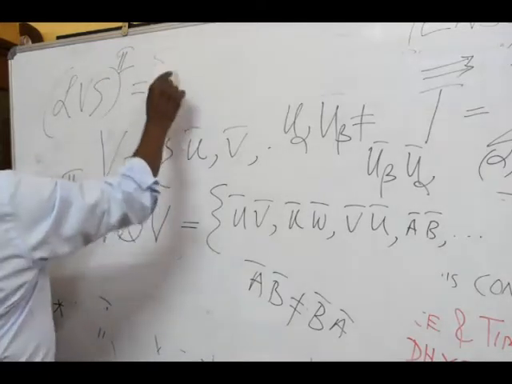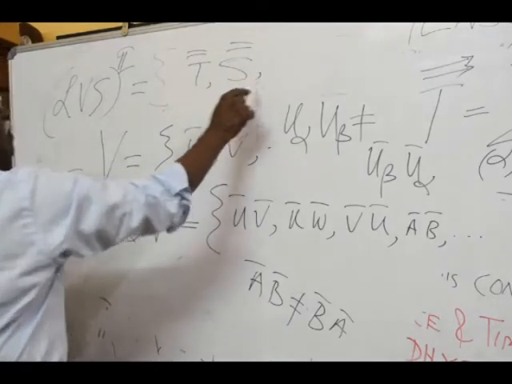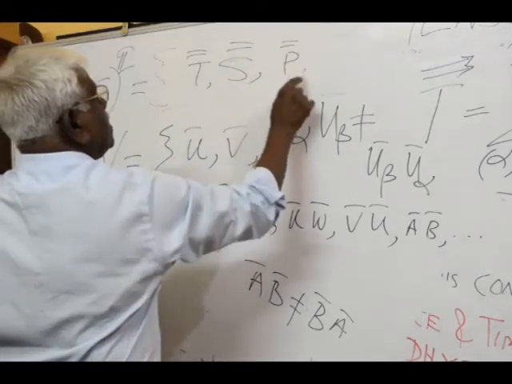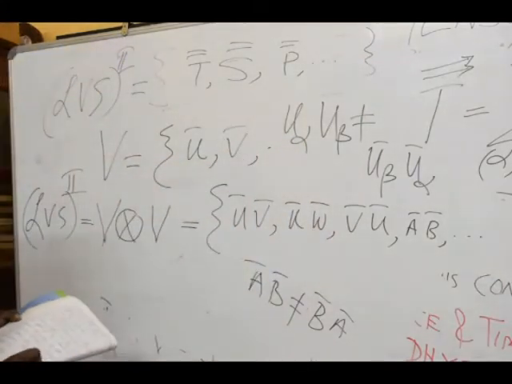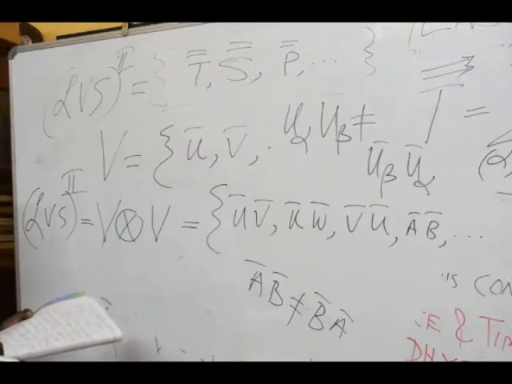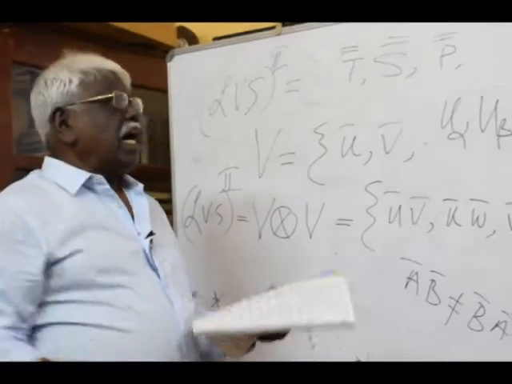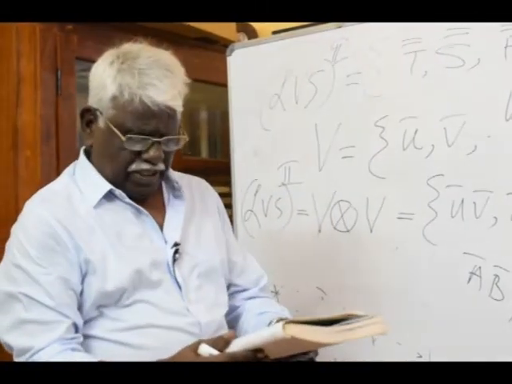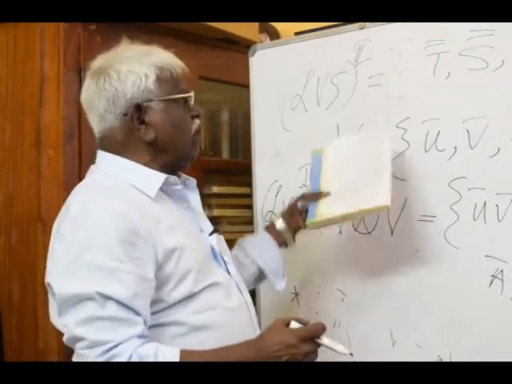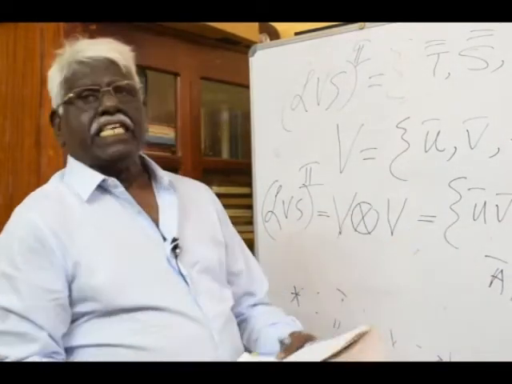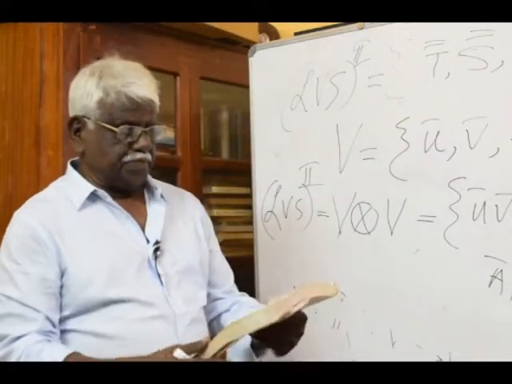Say T, S, P, the collection of all such quantities constitutes a second rank tensorial space. Similarly, we can construct a third rank tensorial space, etc., or nth rank tensorial space, and so on and so forth. And these are called tensor product of vectors. These objects are called tensor product of vectors.